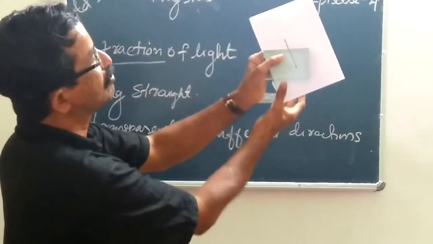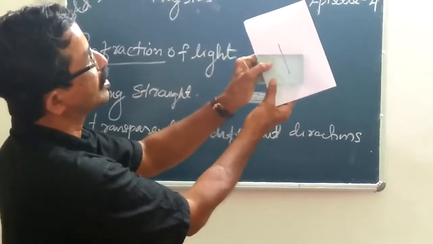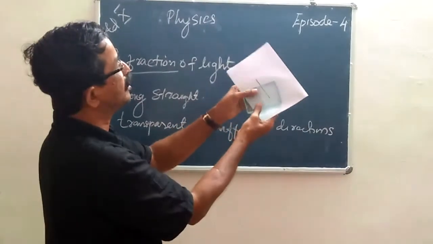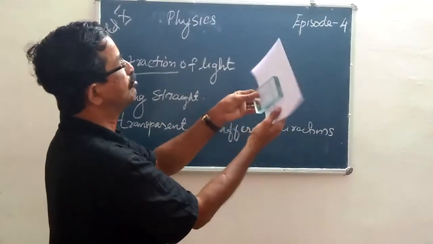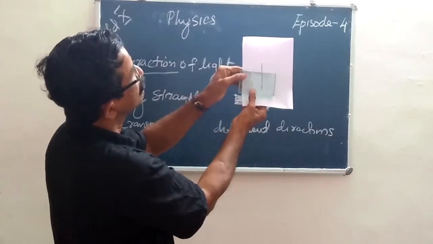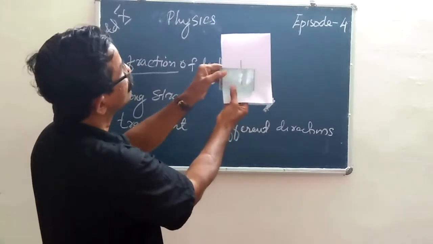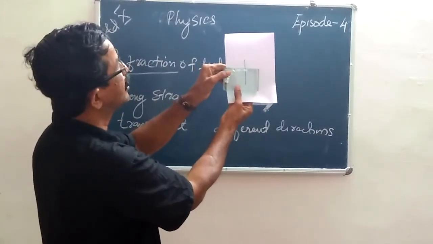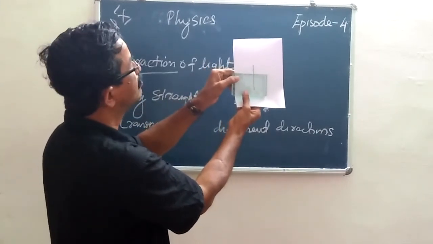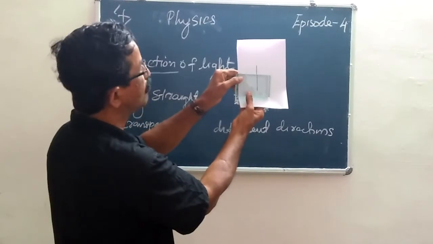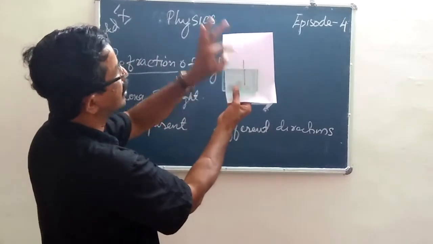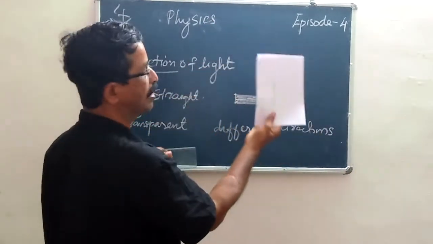Here you can see deviation for this line. But if this line is normal to the surface, here it makes a zero angle. Now you cannot observe any deviation, because light appears to come from the same direction, not from all directions. Because of that, you can see the line as straight as in the paper.